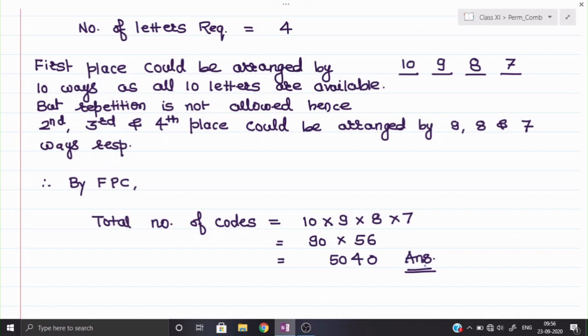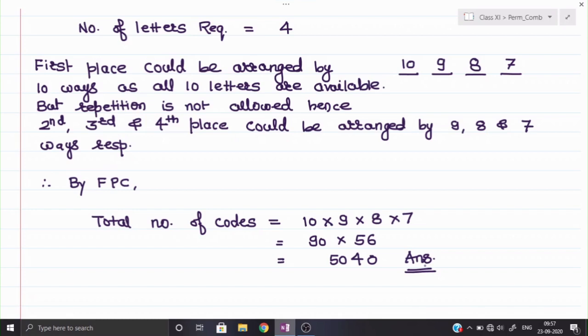You multiply 4 times, 10 into 10 into 10 into 10, so the answer is 10,000. Just double of the answer we obtained. We were getting nearly 5,000 codes, but if repetition is allowed, we get more codes, as we can see here.